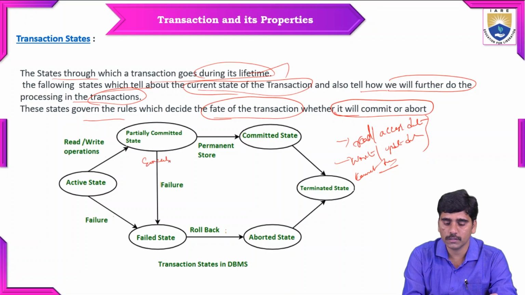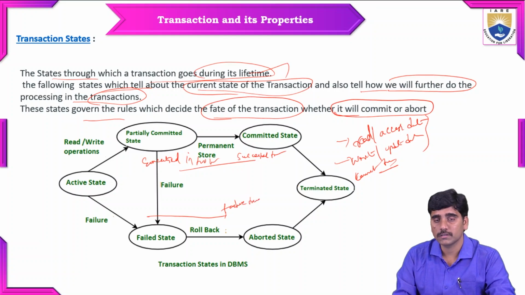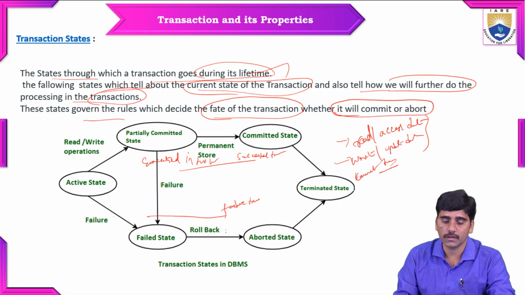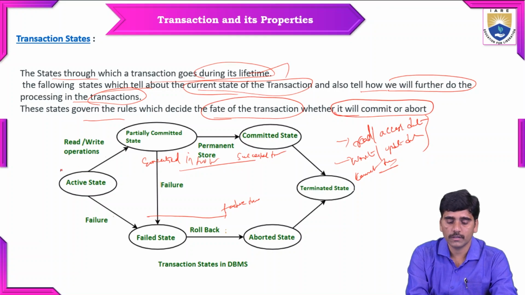The transaction states are executed in two ways. One is a successful transaction, and the second one is a failure transaction. For the successful transaction, presently the transaction T1 is in active state.